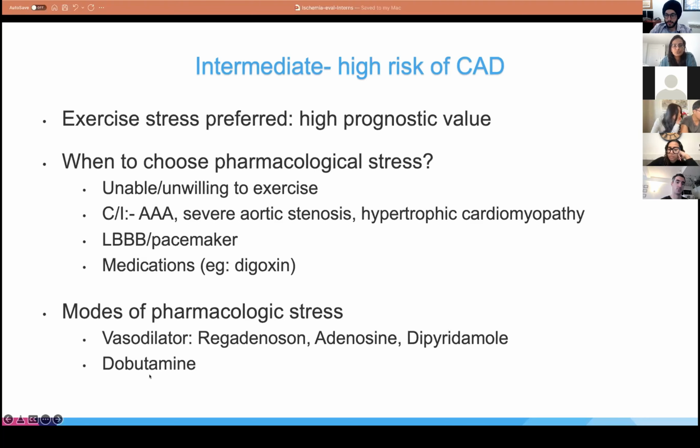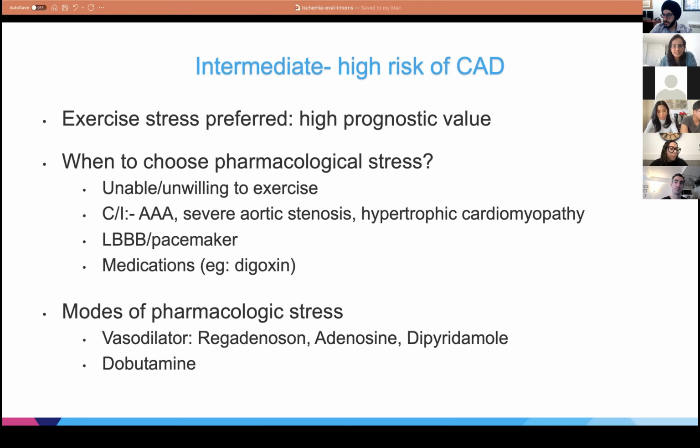You can also use dobutamine, which is what is used with echo when the patient cannot undergo exercise echo. Dobutamine is a beta-1 agonist, so it increases the pumping function. It increases the ejection fraction, or the pumping function of the heart.